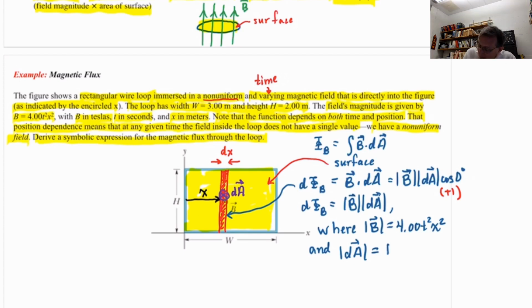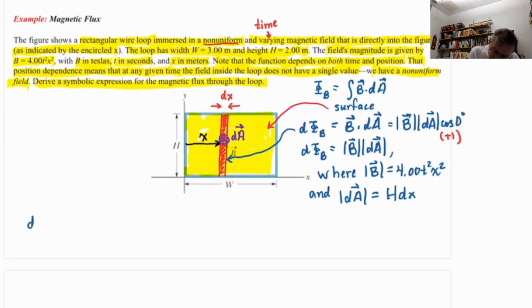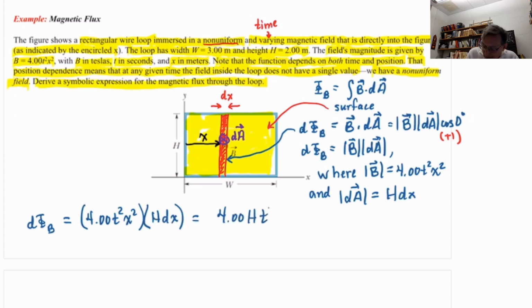So the area, dA, is h times dx. So, let me scroll down here a little bit, and let me write my expression for d phi sub b now as, there's the B magnitude, and there's the dA magnitude, and let's just write that as 4h t squared x squared dx. And that's the expression for the magnetic flux through that one little rectangle.